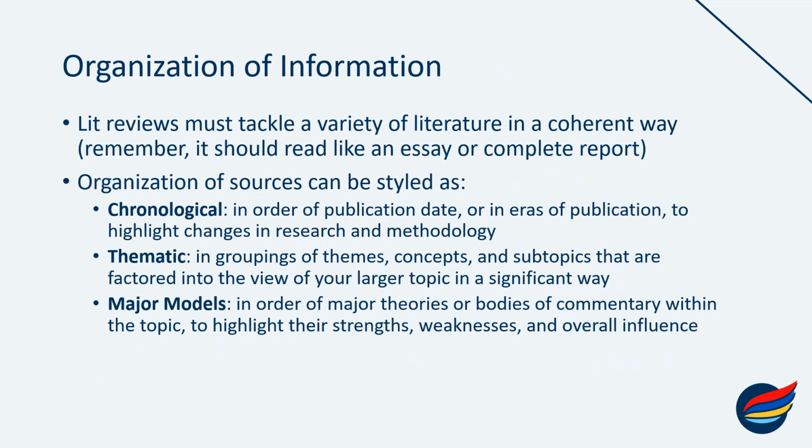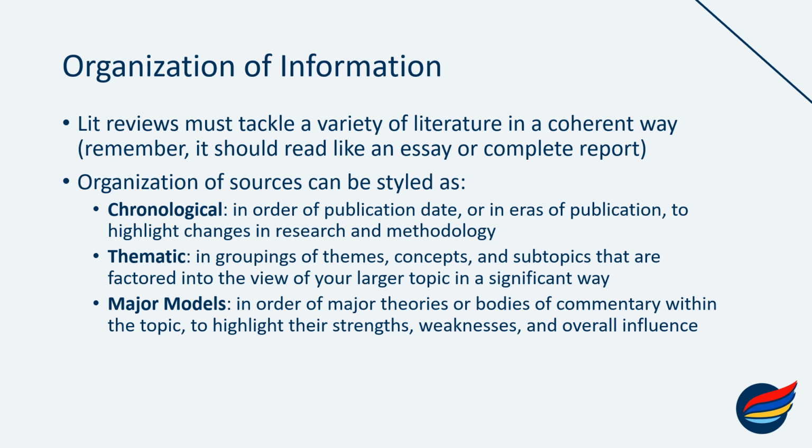Since literature reviews combine so many different types of scholarship and have to synthesize and analyze them in a coherent way, it can sometimes be overwhelming to try to organize everything. But there are 3 types of organization that are most useful to a literature review: chronological, thematic, and major models. Chronological organization is the best when you can see how the ideas have developed over time.